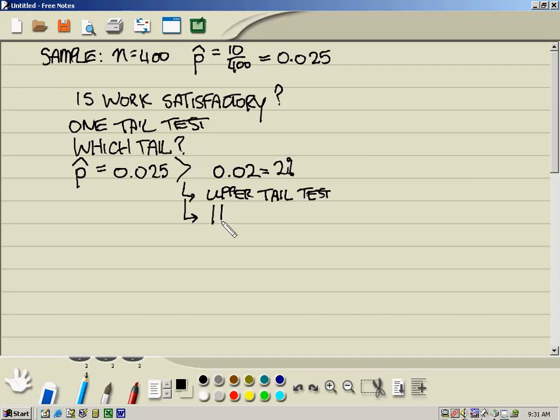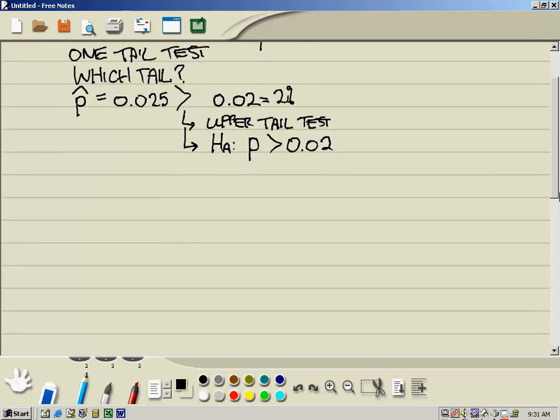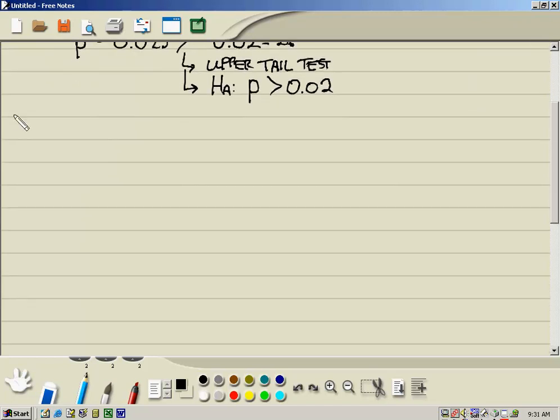And the alternate also has that same sign in it, so it's the greater than sign. So instead of p hat being greater than 0.02, we'll have the population equivalent of p hat, so that'll be p being greater than 0.02. Alright, the true error rate is greater than 2%. Alright, so now we can write down both hypotheses, the null and the alternate.